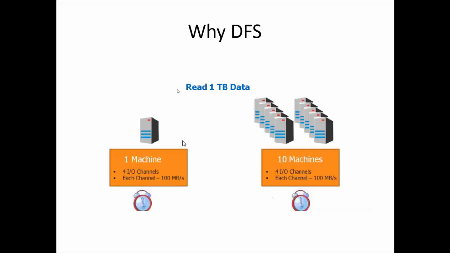So we'll have to use a distributed file system where we can keep the data in parallel and then process it. We need a distributed file system so that we can divide our big data into small chunks, and then those small chunks can be used for parallel computing.